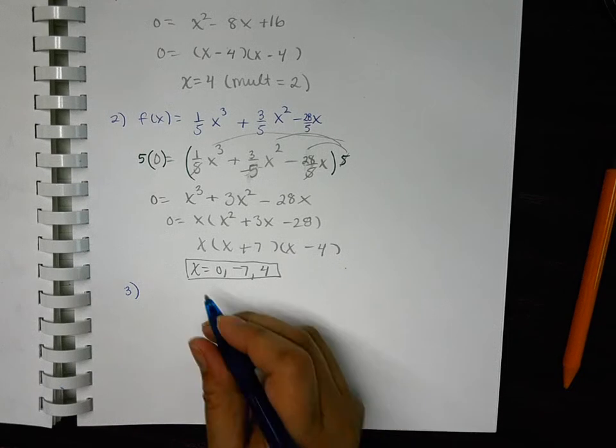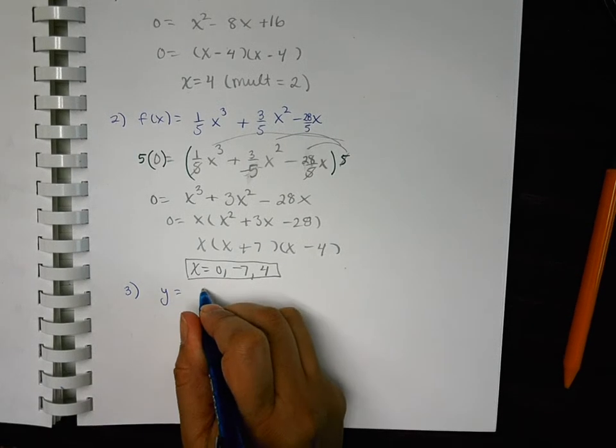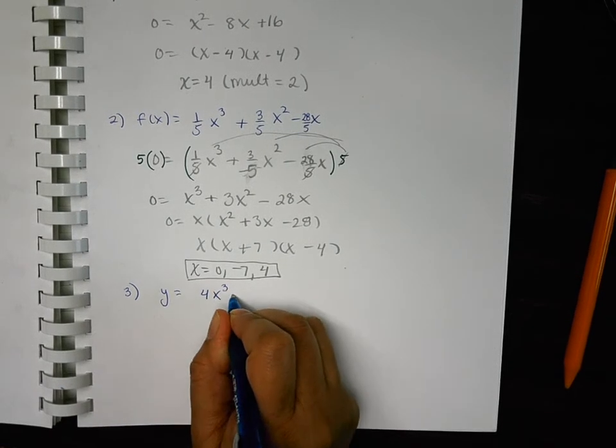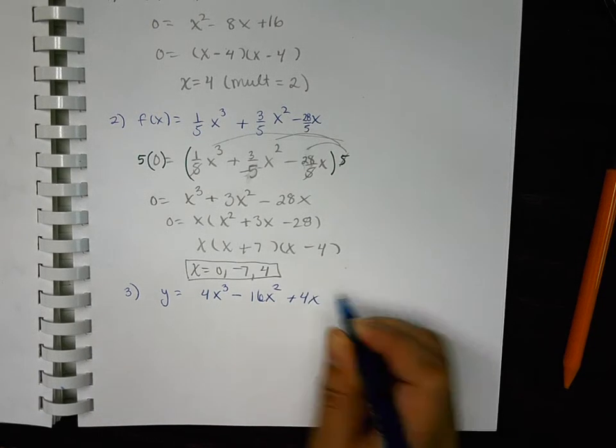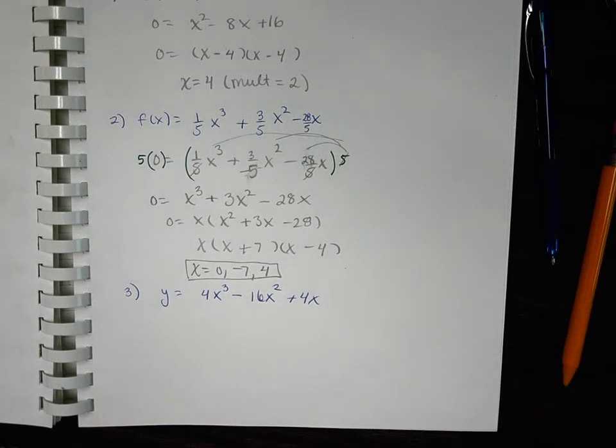Okay, number 3. Y equals 4x to the third minus 16x squared plus 4x. I'm going to have you try that one on your own.